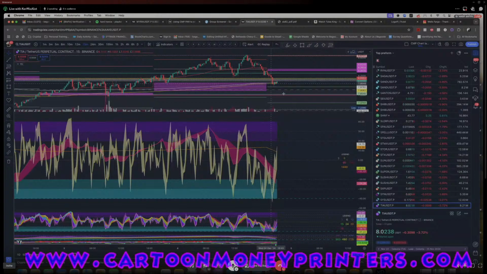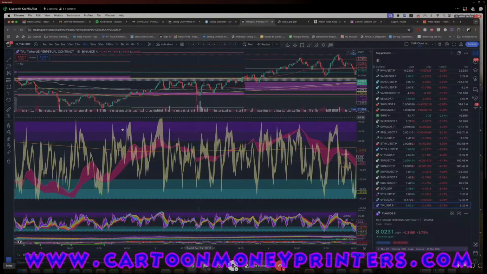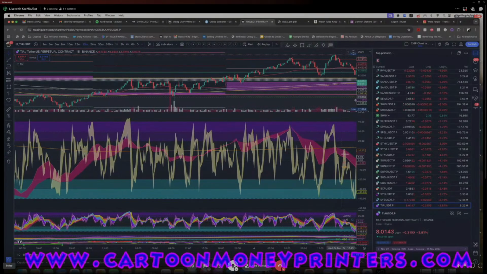but it's going to need to reclaim a little bit for me to feel confident about maybe taking a long on Tia. But anyway, let's look at the hidden bullish divergence. If a coin is moving strong, like it's kind of doing right here, and I see one right here.